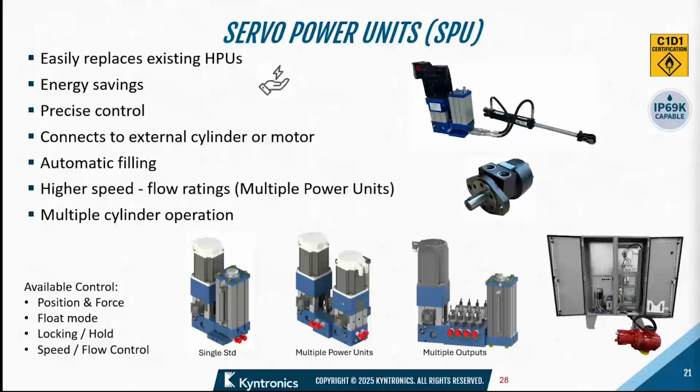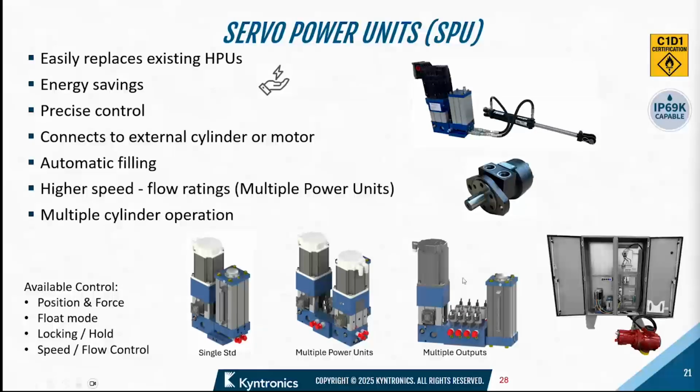There's three basic standards here. You have your single standard that can run a single cylinder or a rotary motor. You have your multiple power units, as I mentioned, the capabilities of fluid. You can add power units. This one shows 2. We've done 5. We've done 6. So that adds the flow, so you can run an 8-inch cylinder at 4 or 5 inches a second.